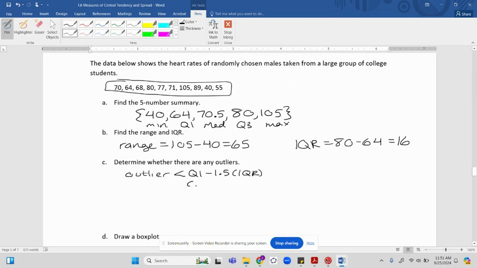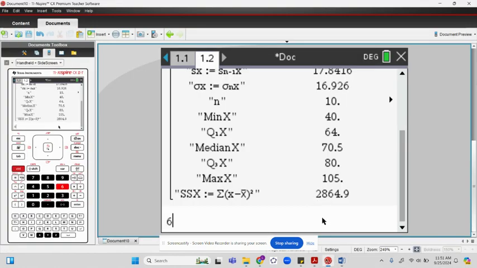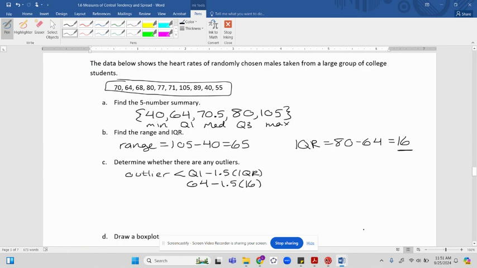Q1 is 64 minus 1.5 times the IQR we found above, which is 16. Notice we found the IQR up here, so we can type that into the calculator. 64 minus 1.5 times 16, and you should get 40.